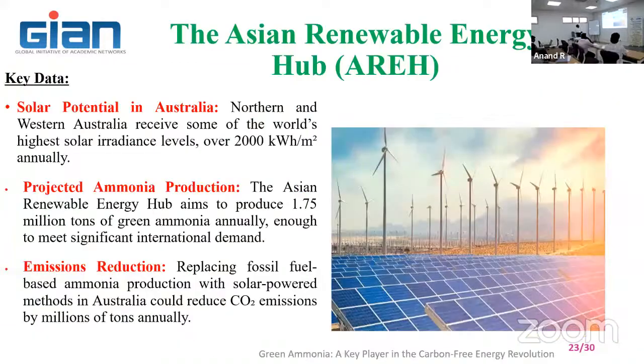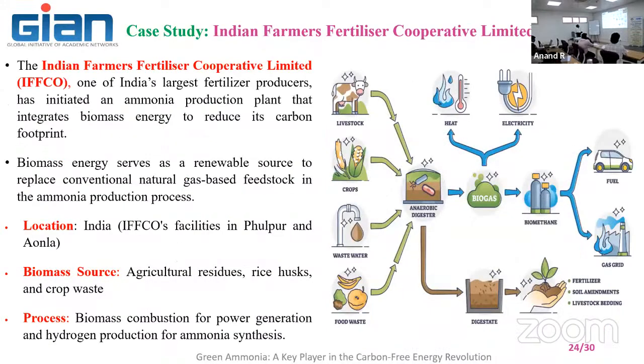And in the Indian perspective, we have the Indian Farmers Fertilizer Cooperative Limited, IFFCO. They have already started working on how wastes can be converted into useful products, which can be used to give energy to operate agricultural pumps or as fertilizer for the farmers. The plants are at Phulpur and Aonla.